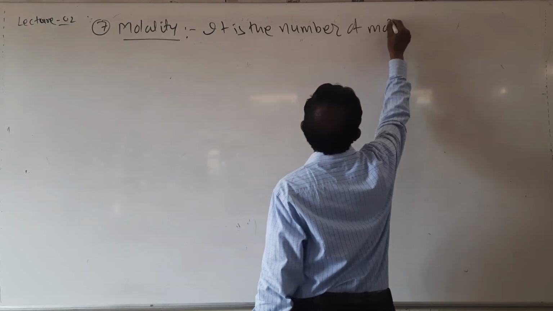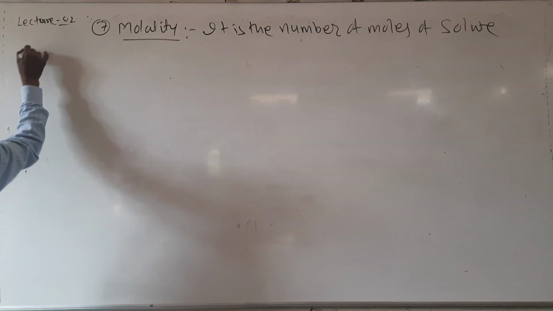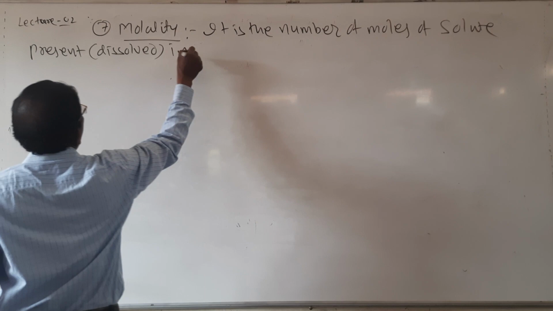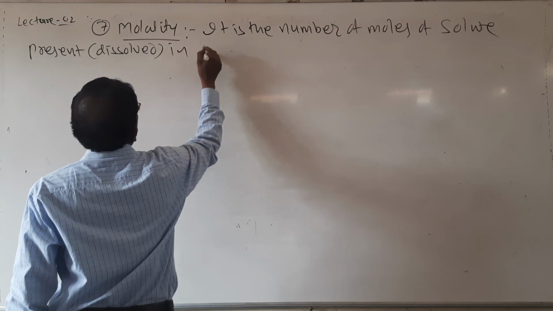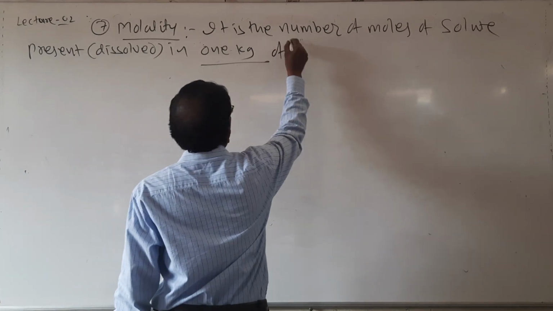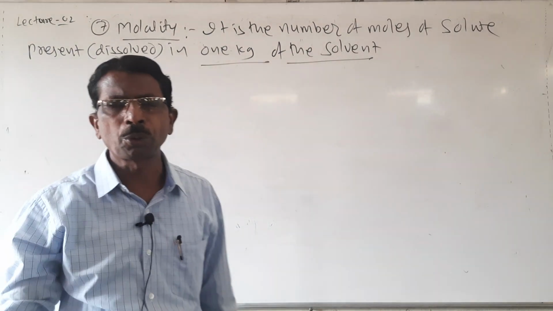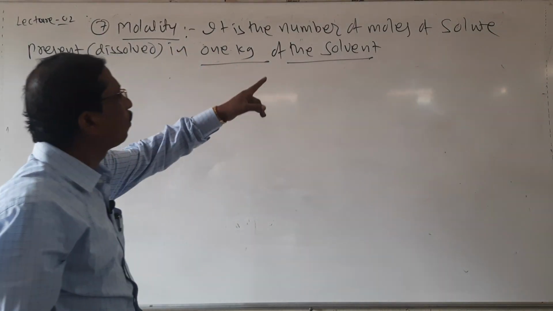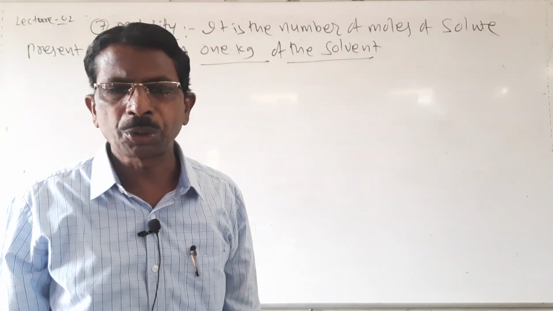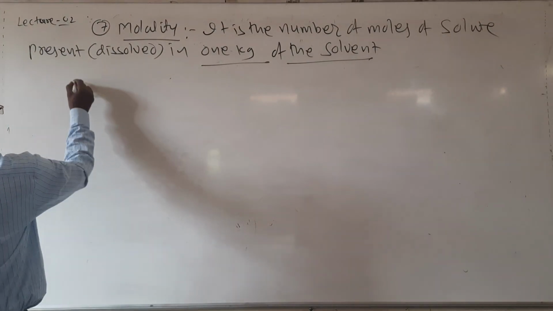Look here, it is the number of moles of solute present or dissolved in 1 kg of the solvent. This line is very important, not in solution. It is number of moles of solute dissolved in 1 kg of the solvent, not solution.